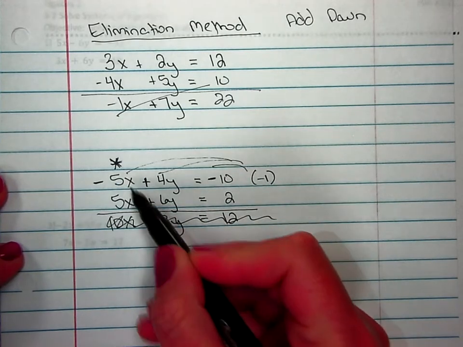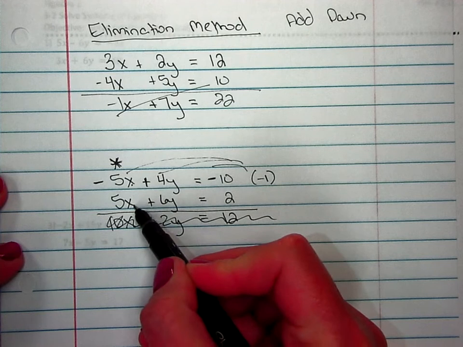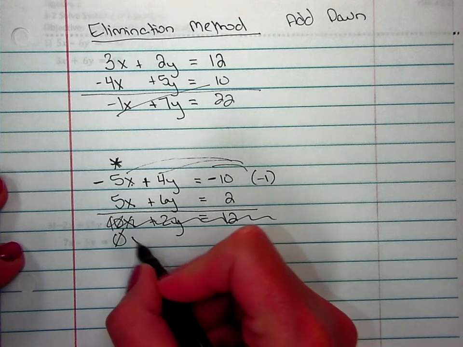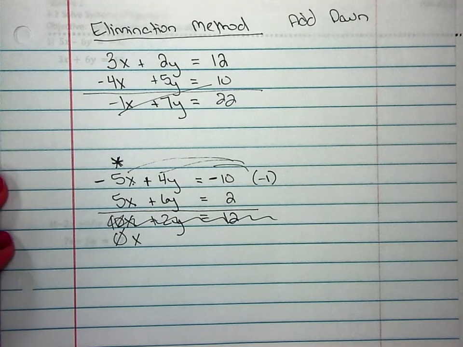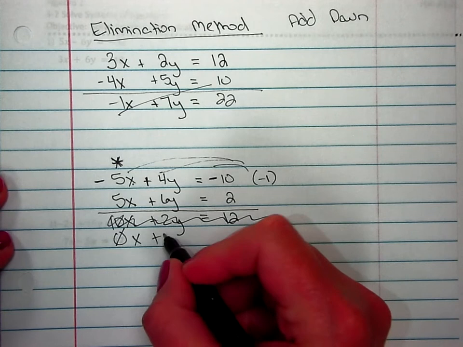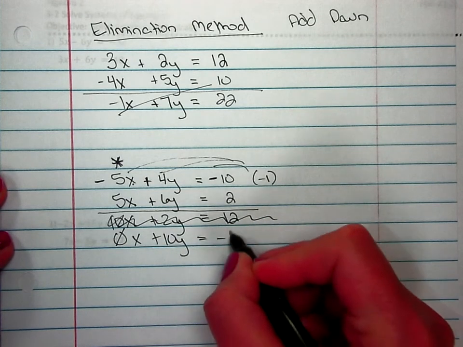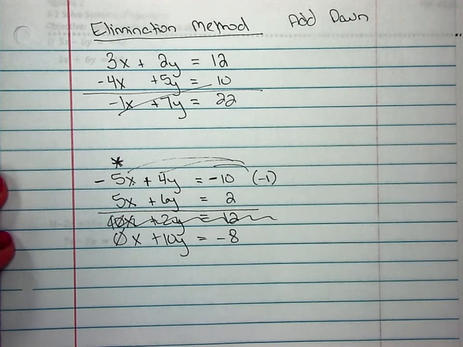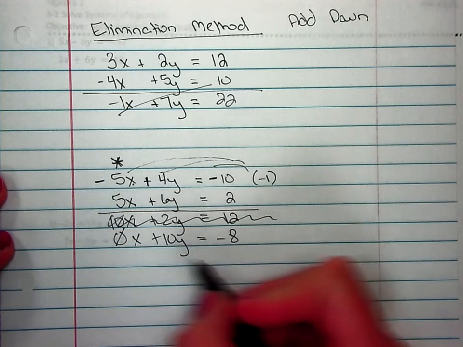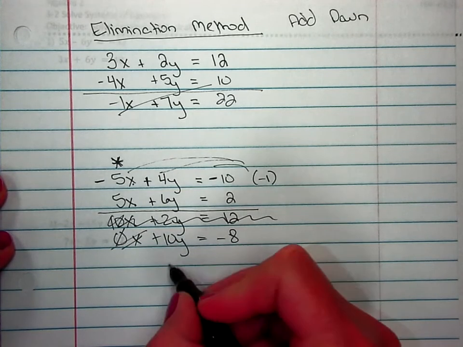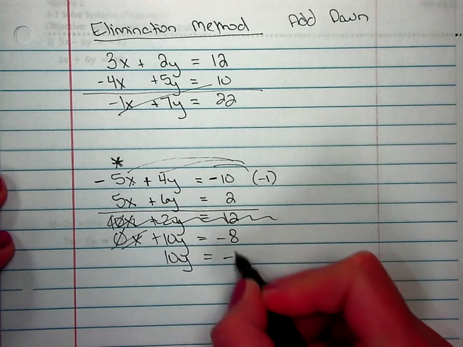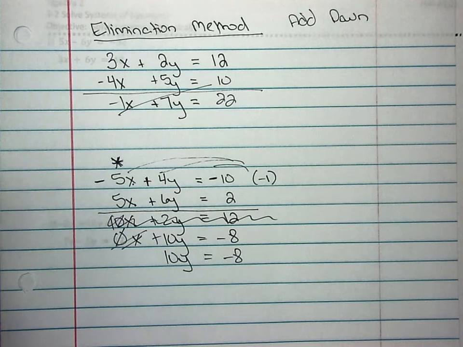So when you add down, you have negative 5x plus 5x, which is 0x. Add down and you get 10y, and add down you get negative 8. So with this, we have eliminated the x variable, and we get 10y equals negative 8.